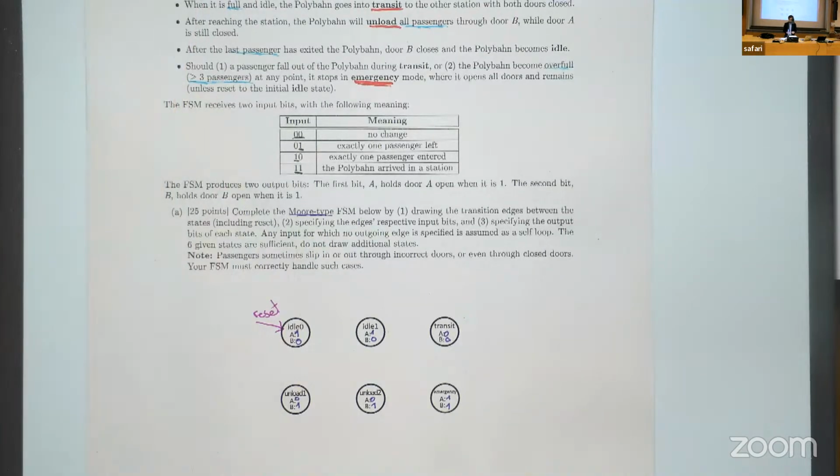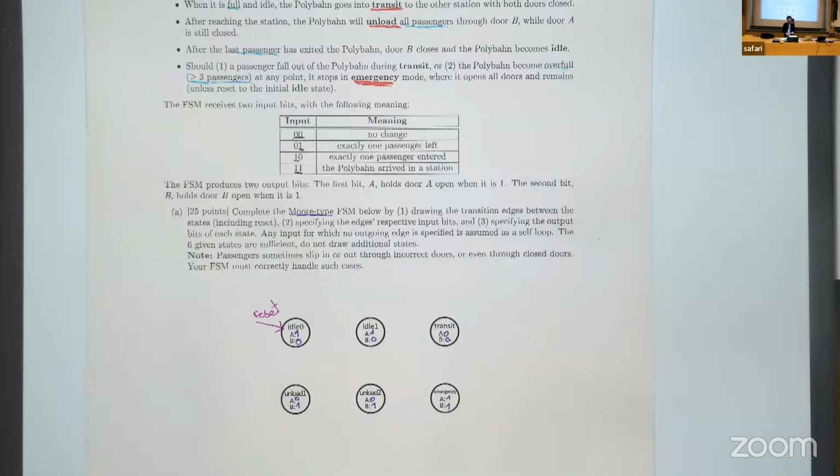Initially, the polygon is in idle state. Now we should count. I conveniently labeled the states idle 0 and idle 1, with the intention that idle 0 means there are currently 0 passengers in the polygon, and idle 1 means there's currently 1 passenger in the polygon.